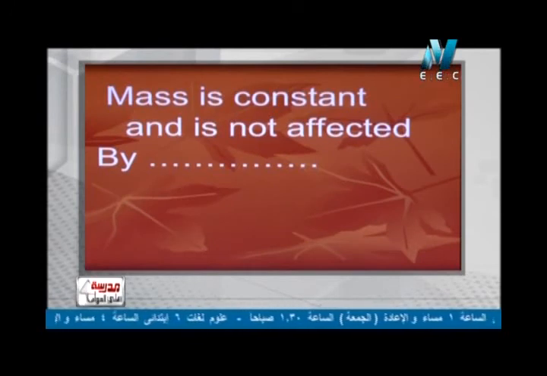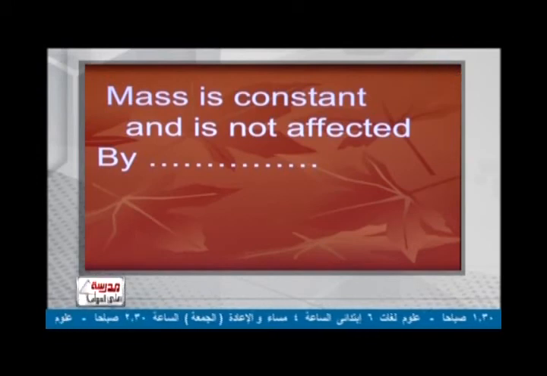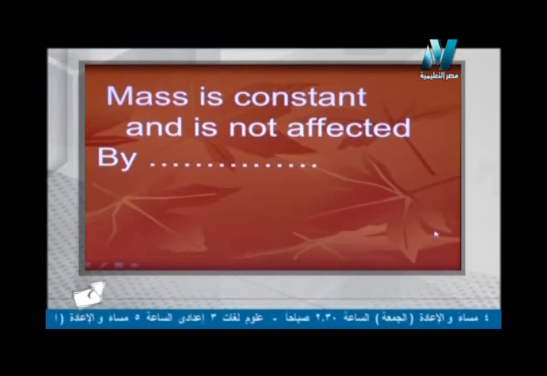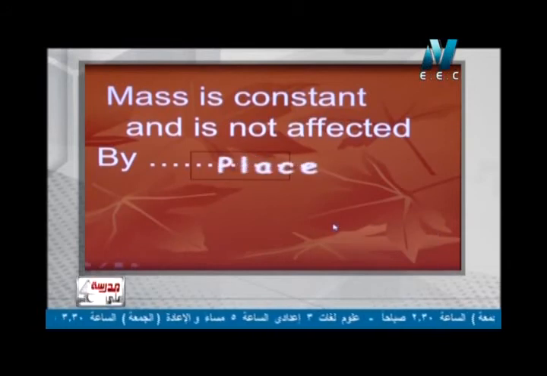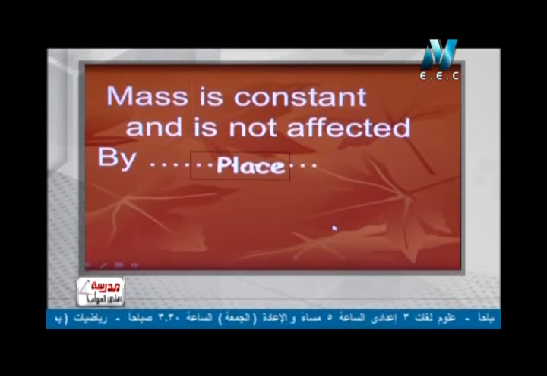Mass is constant and is not affected by. هنا السؤال بيقول لي الماس ثابته او قيمه ثابته او constant value ما بتتاثرش بايه؟ ما بتتاثرش اكيد بالفاكتور اللي بتاثر على الويت such as place. So again I can say mass is constant value and is not affected by changing the place.